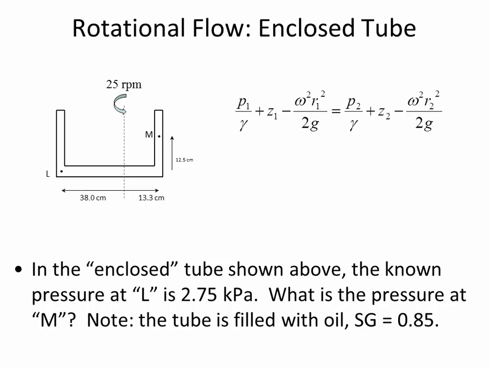Z1 will be 0, R1 is 0.38 meters, Z2 is 0.125, R2 is 0.133 meters. Rearrange the equation to solve for P2, which is really what we're after, the pressure at location M. And ultimately we get that the pressure at M is going to be 1339 newtons per meter squared.